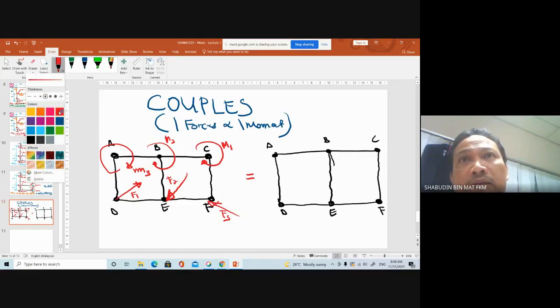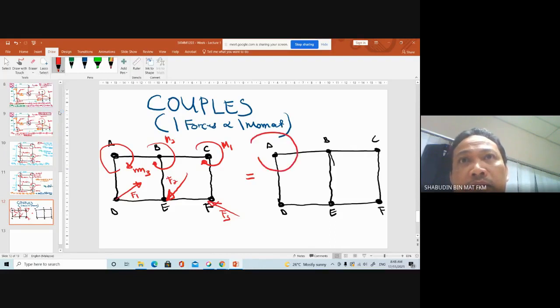Point A, say that. M A, moment at point A, and a force there at angle theta.